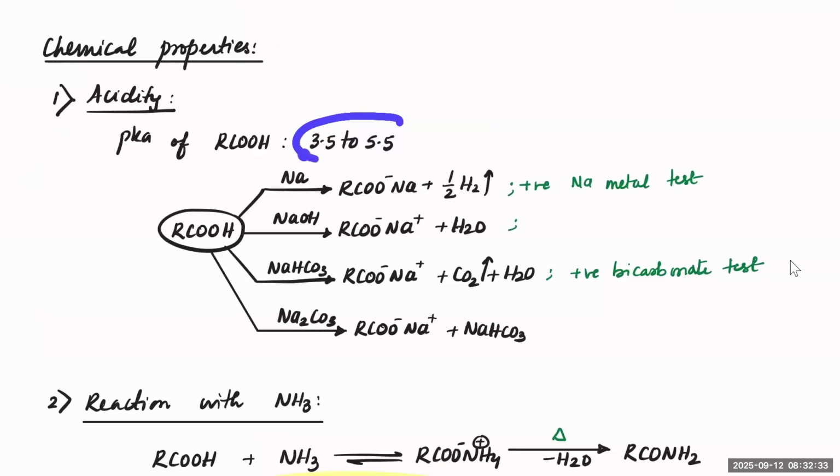Now, the typical pKa value of acids is 3.5 to 5.5.